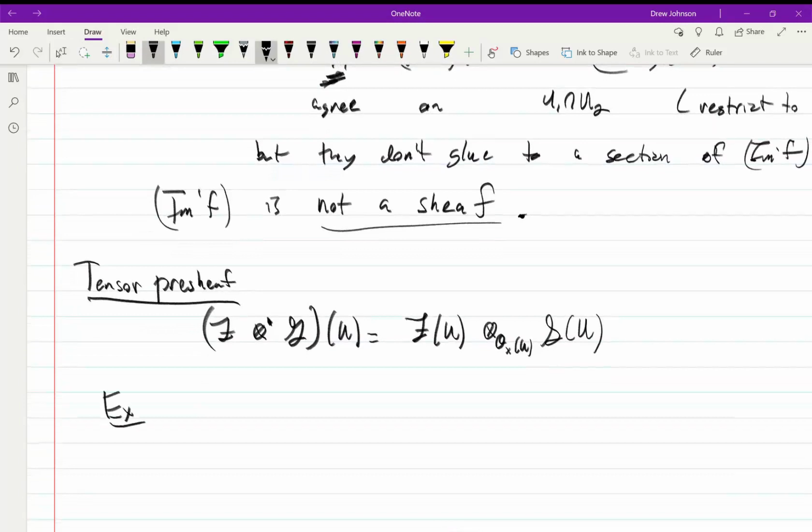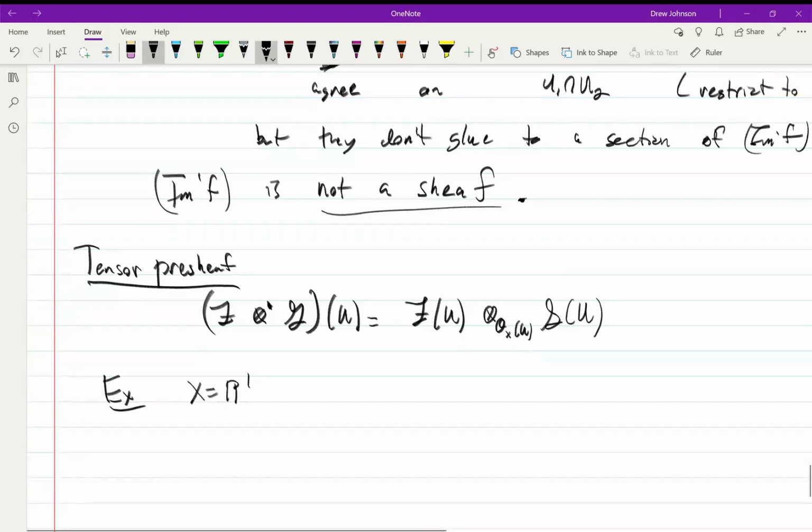So, for example, if we have X be P1, and let's use the twisting sheaves O_P1(1), and let's take the tensor product pre-sheaf with O_P1(-1).